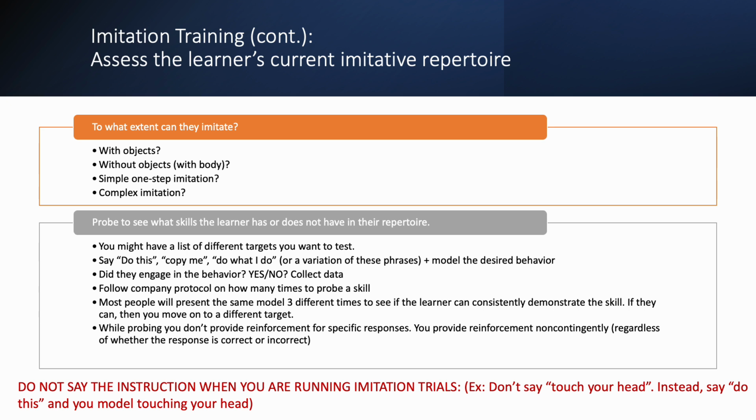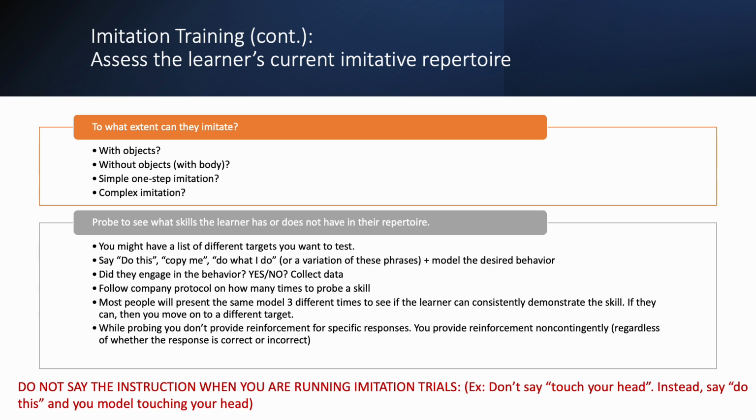And in imitation training, we always say, do this, copy me, or do what I do. Do the same thing as me, whatever verbal stimulus it is that I'm going to present along with the model. When you are running imitation, you are not going to be saying the instruction. Okay, so what this means is, if I'm clapping my hands, I'm going to say, do this, and I'm going to clap my hands.